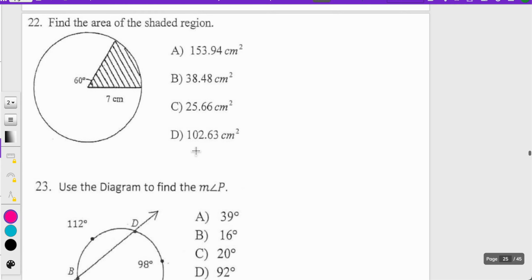22, the area of the shaded region. This is when we want to use our formula. So I have area over pi times 7 squared is equal to 60 over 360, which essentially you are doing 60 divided by 360 and then timesing it by the area.